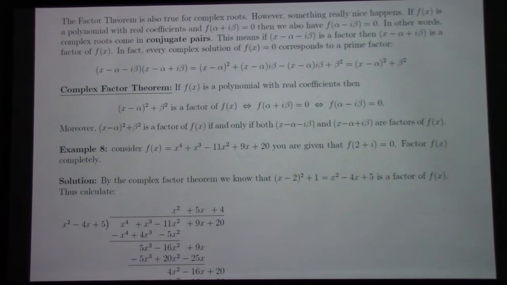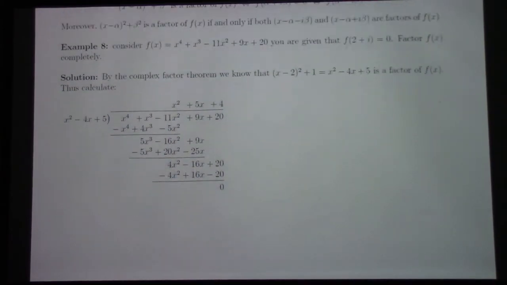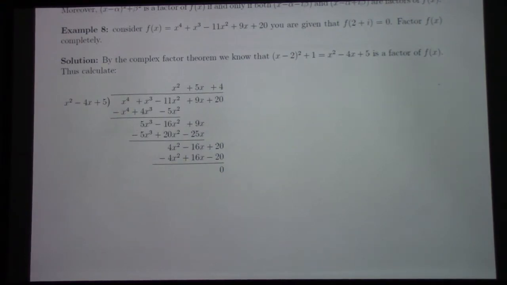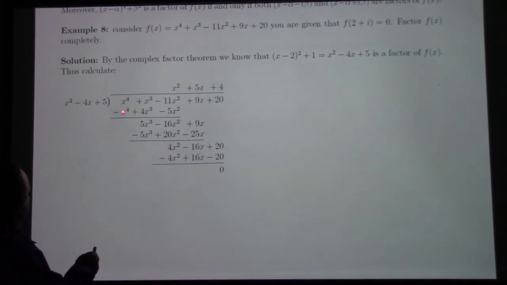And then I'll do what we've been doing all day, which is divide this into that with long division. And when I do that, I start with an x squared here. So that gives me x to the fourth minus 4x cubed plus 5x squared.